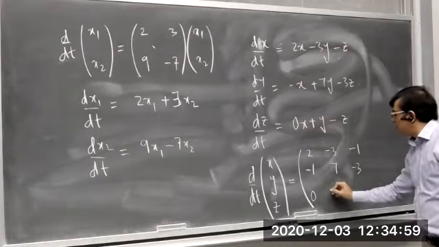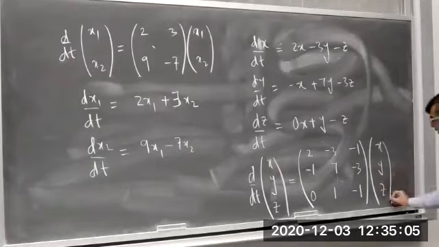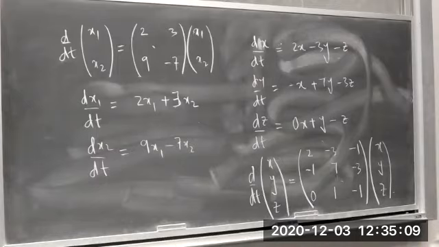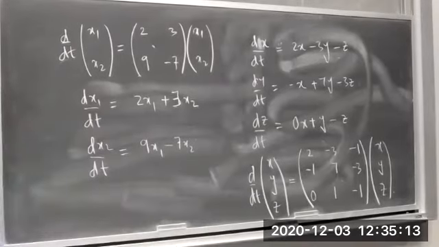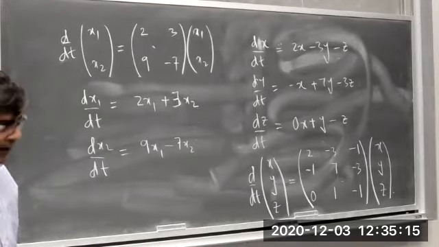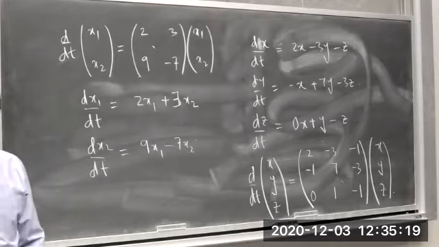So 0, 1, and minus 1 times x, y, and z. So this is basically a 3 by 3 system which contains 3 first order ODEs. If you have any question, you can ask me.